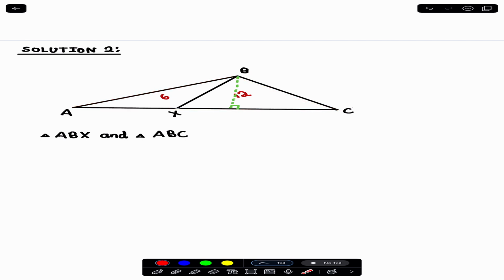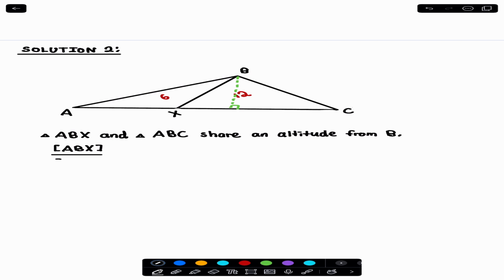So maybe you saw this instead, because they still both share an altitude from point B. So this means that the ratio of these two areas, if we pretend the B isn't even there, we actually get this time AX over AC.